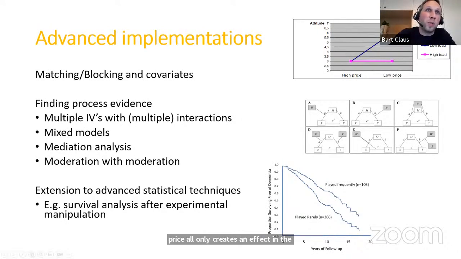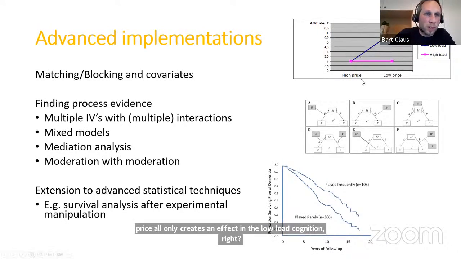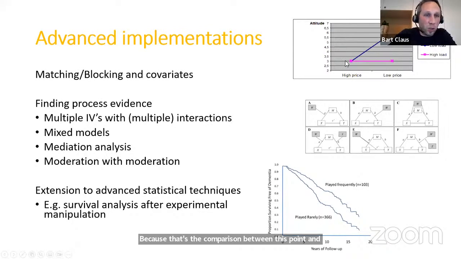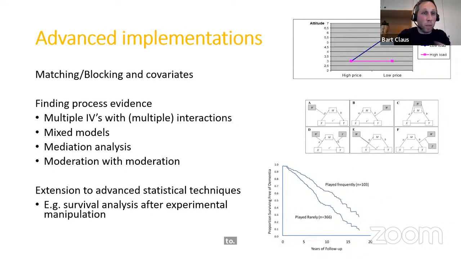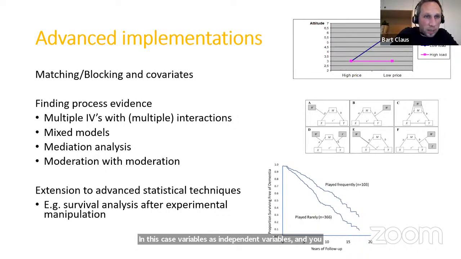Because that's the comparison between this point and this point, right? So that's an example of an interaction effect where you include two, in this case, variables as independent variables, and you look at their combined effects on an outcome, which in this case is attitude.